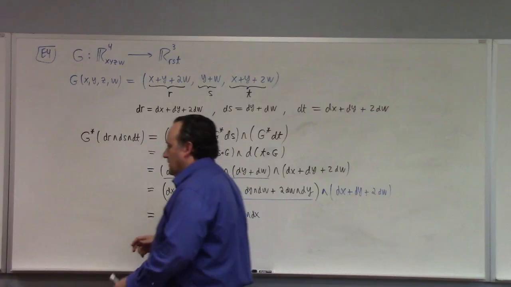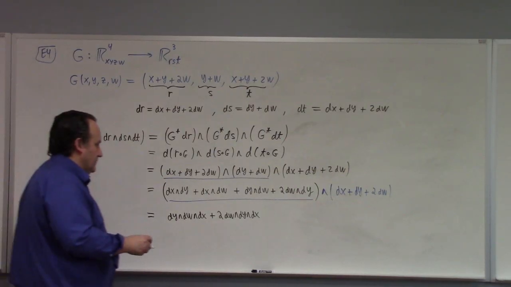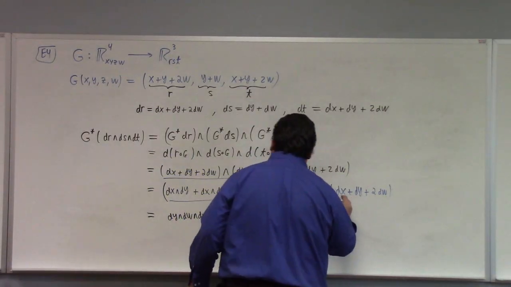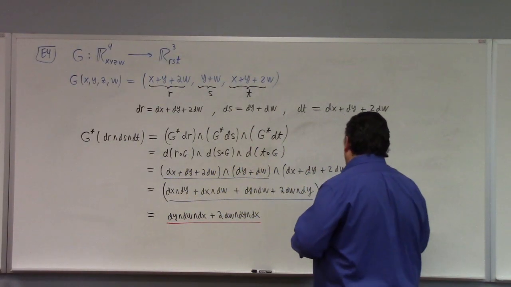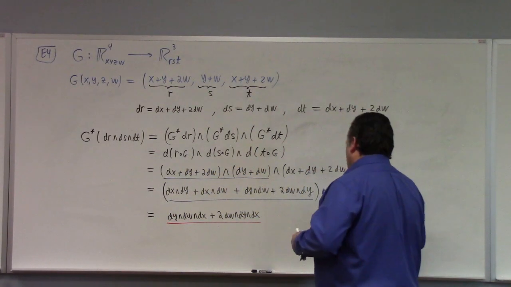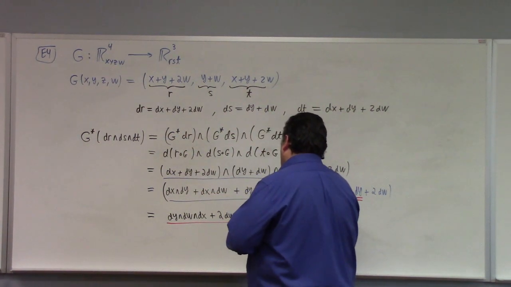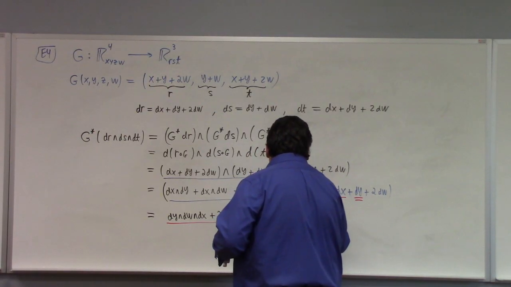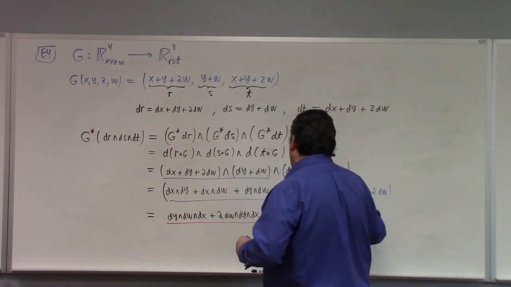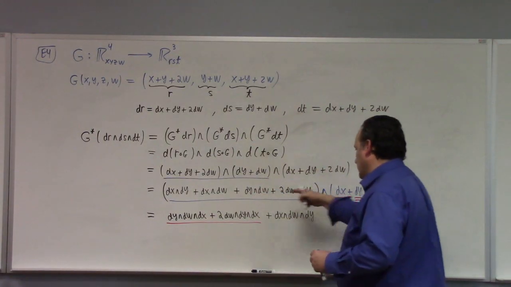All right, let's take the wedge with dx to start with. So using the dx, 0 on this, 0 on this, but we got dy wedge dw wedge dx plus 2 dw wedge dy wedge dx. That's from my dx terms. Then let's use the y. The first term is 0. The second term gives me dx wedge dw wedge dy. The other two also have a y in them, so they wedge to 0.